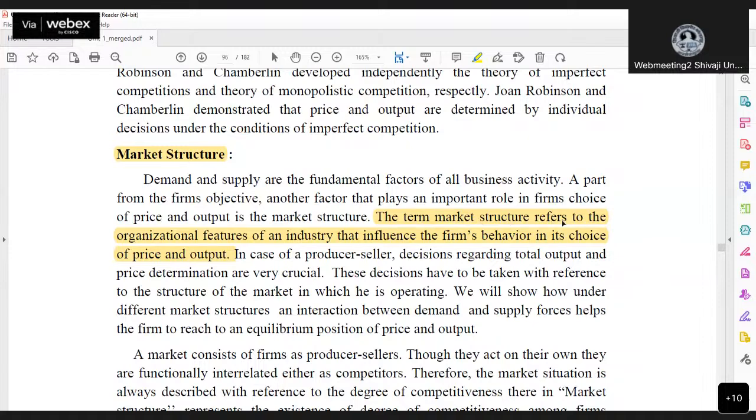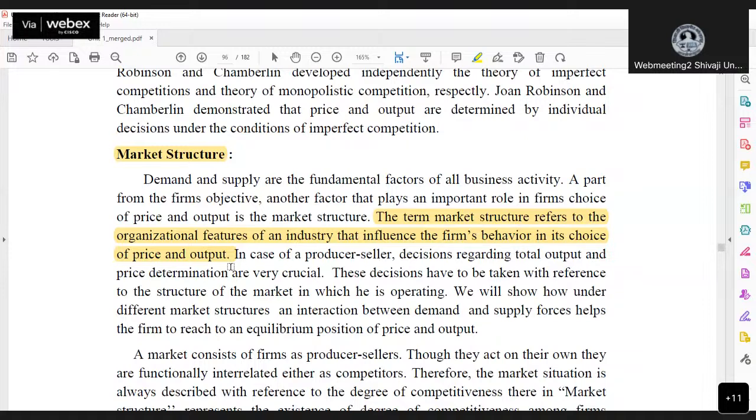The term market structure refers to the organizational features of an industry, features which influence the firm's behavior in the market regarding the price of the product and the output of the industry.